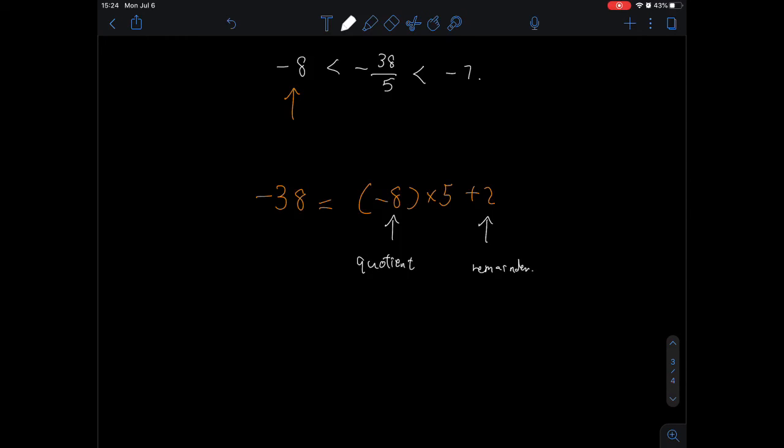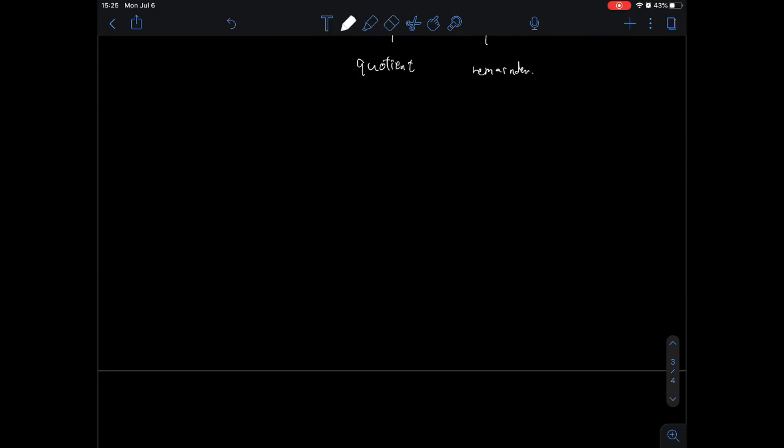These observations about division can be summarized in the division theorem, sometimes known as the division algorithm, stated below. Suppose that a is an integer and n is a positive integer.